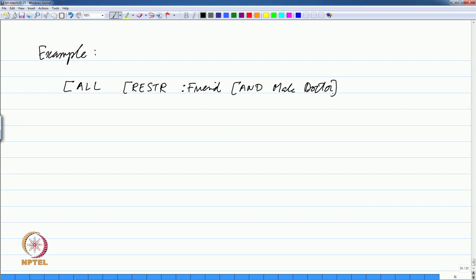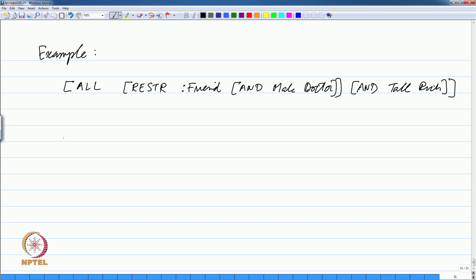So, now we are not talking about all friends, we are talking about all friends who are male doctors, and then we say that they have some property which is, let us say, tall and rich. So, we can express this using the new restrict operator.